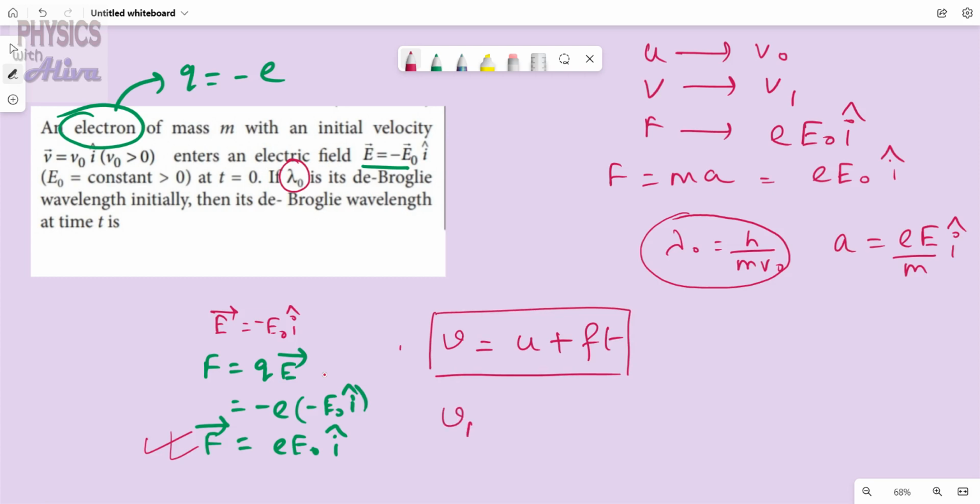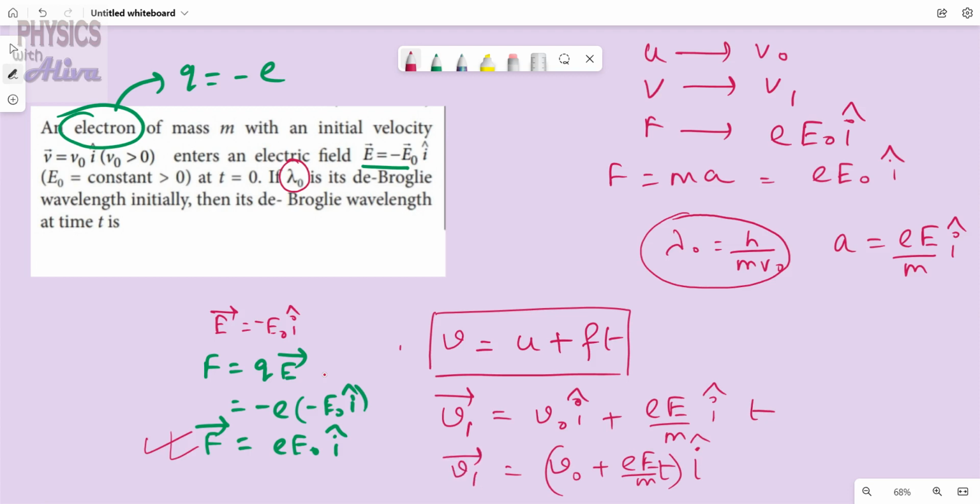Here the final velocity is v1 vector and the initial velocity is v0 i cap, and the acceleration, which we can write as a or f, is e E naught by m i cap. So the final velocity is v0 plus e E naught by m t, in the i cap direction. This is the final velocity, right?